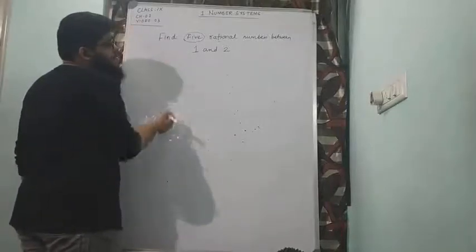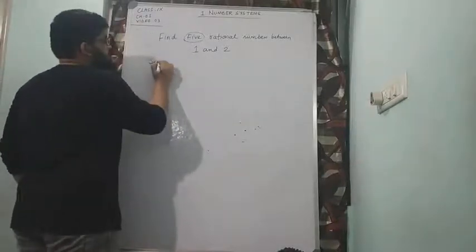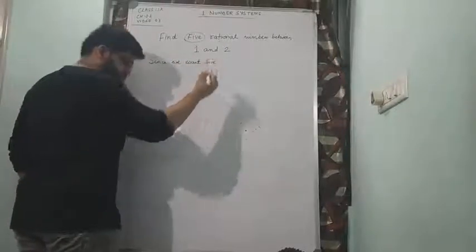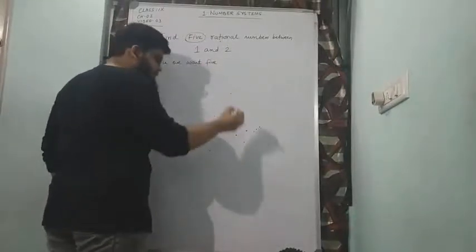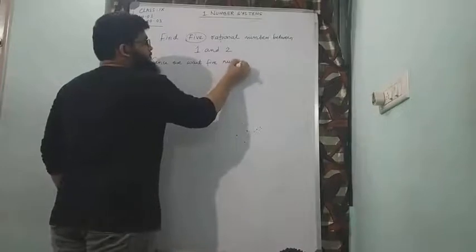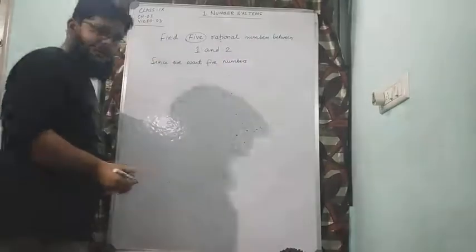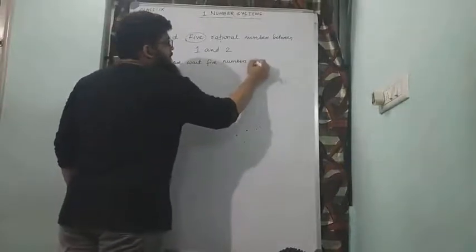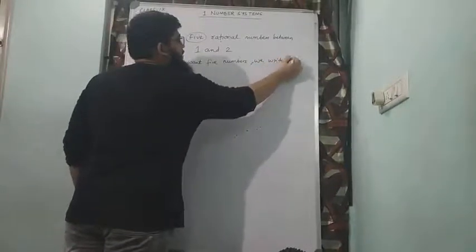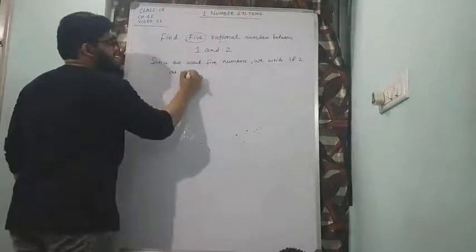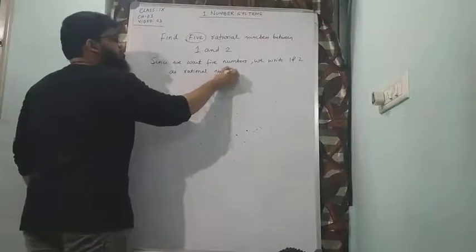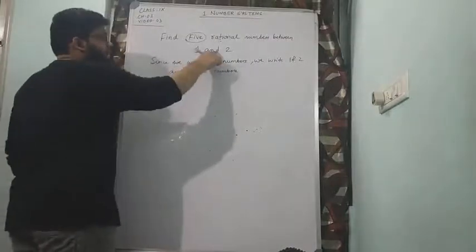So when I have to find 5 rational numbers between 1 and 2, since we want 5 numbers, 5 rational numbers between 1 and 2, we write 1 and 2 as rational numbers. So the first work is to write 1 and 2 as rational numbers.